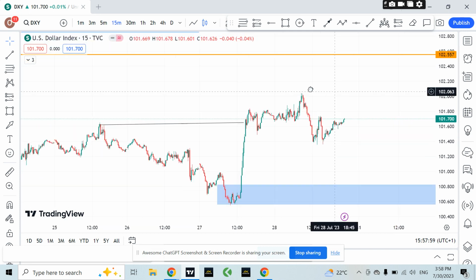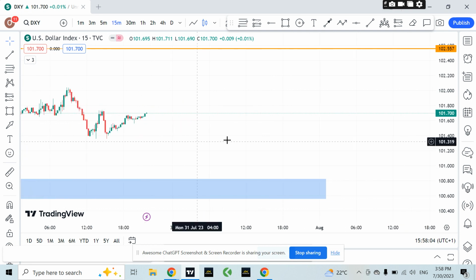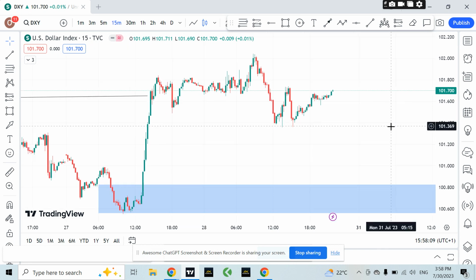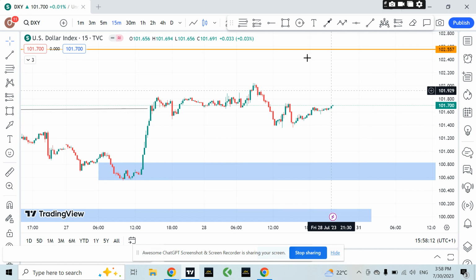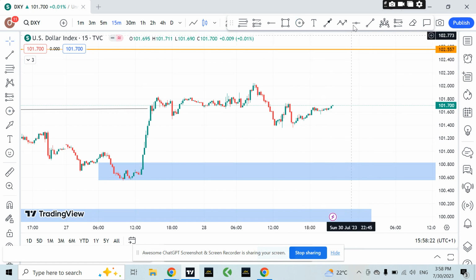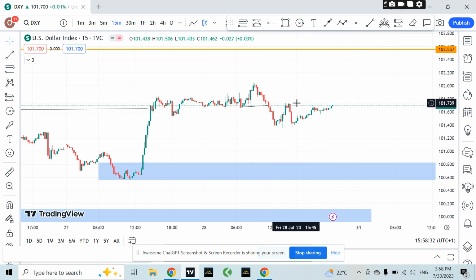Now looking at the 15 minutes, you will see that we might not even wait for the market to reach this resistance zone which I've marked here. We might not even wait for the market to reach there, because you can see here a change of character, and you see how the market has pulled into this region and has a small sell.